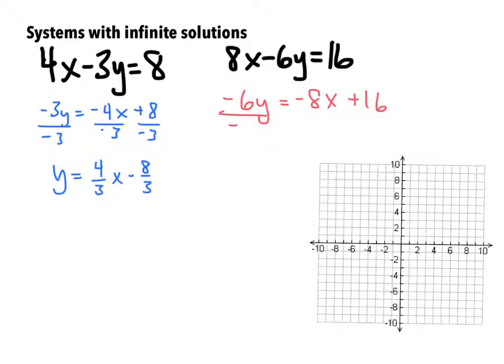If I divide everything by negative 6, I get y equals 8 over 6, which reduces to 4 over 3 x, and then 16 over negative 6 just reduces to negative 8 over 3. And then, as you can see, these lines are exactly the same. If you ever end up with the exact same line, then these have infinite solutions.